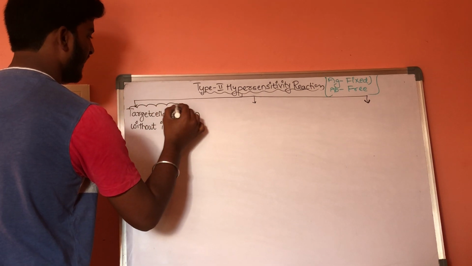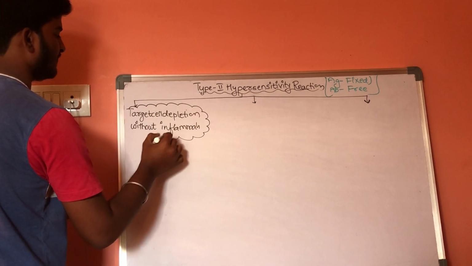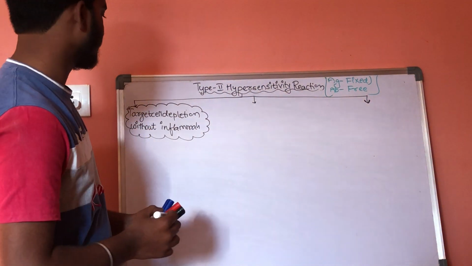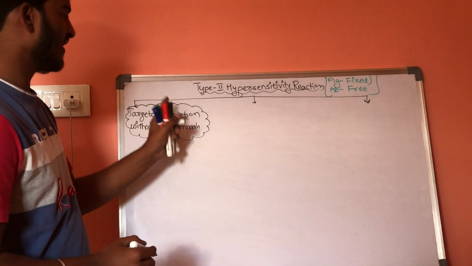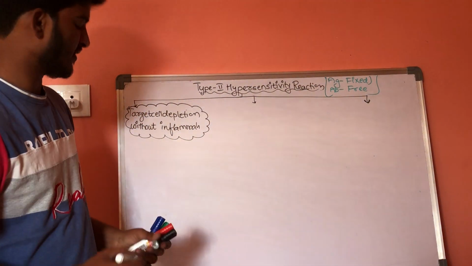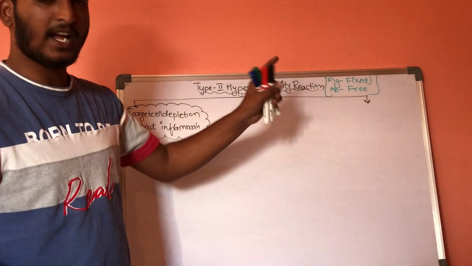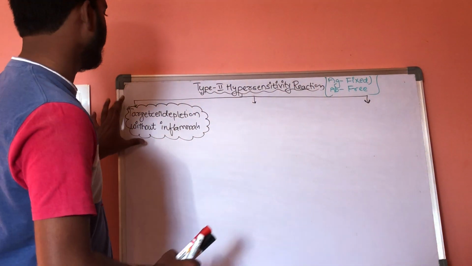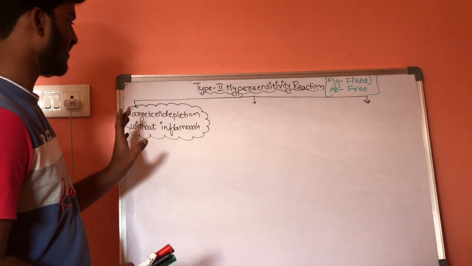This is the first category discussed under type 2 hypersensitivity reactions. The hypersensitivity reaction which is mediated without the inflammations is called target cell depletion without inflammation.